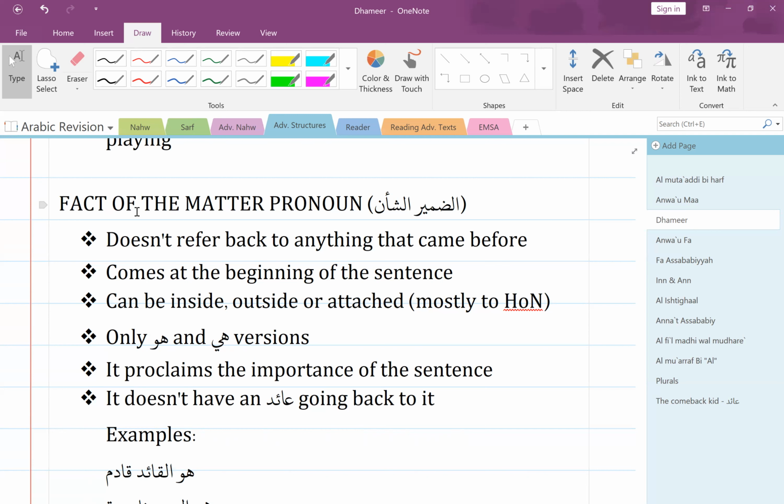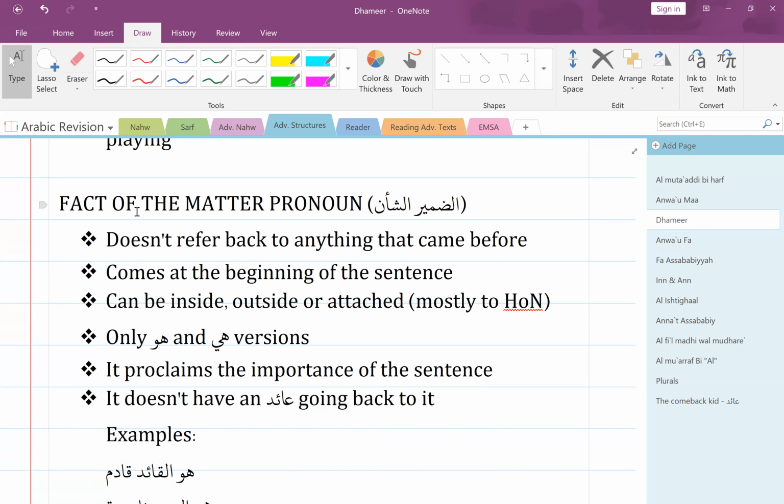That's how it works. I can't just come to you and say, hey, they came. You'll be like, who are we talking about? You have to give me details. You have to tell me, okay, the students came. They attended the class. Now that makes sense. That's how pronouns work in any language, basically.